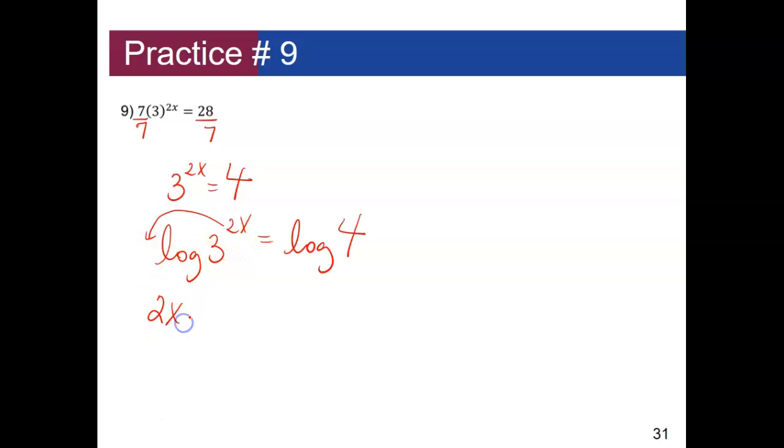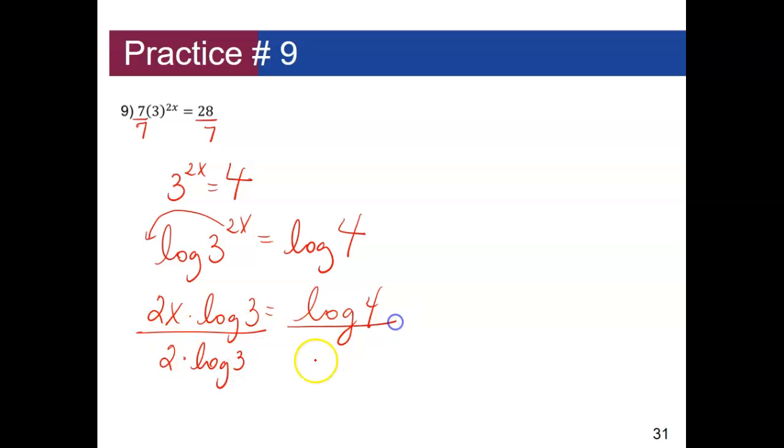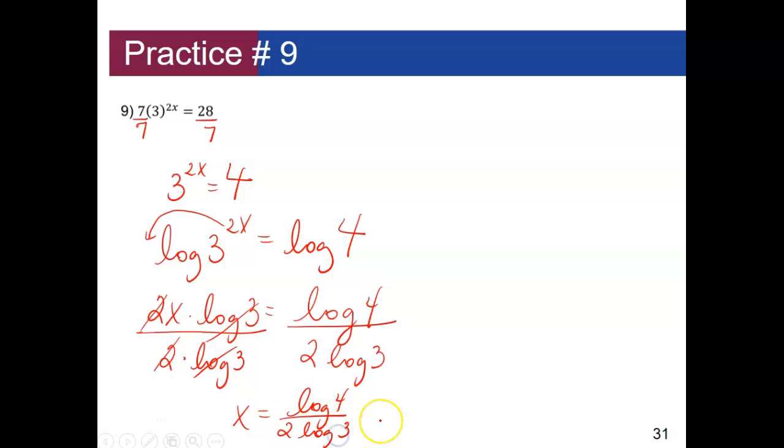So we're going to have 2x times the log of 3 equals the log of 4. Then we want to get rid of both the 2 and the log of 3 so that we're just left with an x. And we can actually do that in one step here. The 2's would cancel and our log 3's would cancel. We'll just have x equals the log of 4 divided by 2 times the log of 3. And that would be our answer on that one.